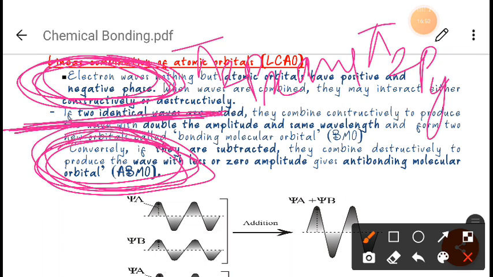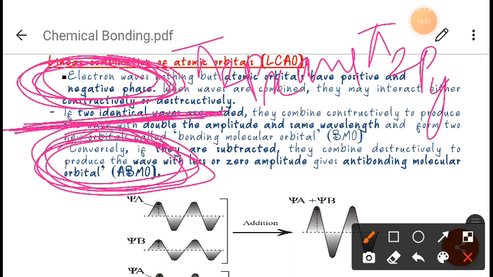As I have already discussed, the nodal plane is the area where the density of finding an electron is zero. So the electron density is zero in the nodal plane.